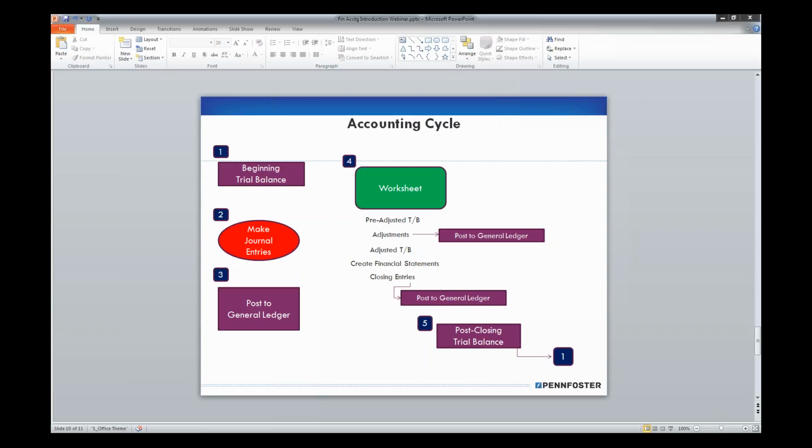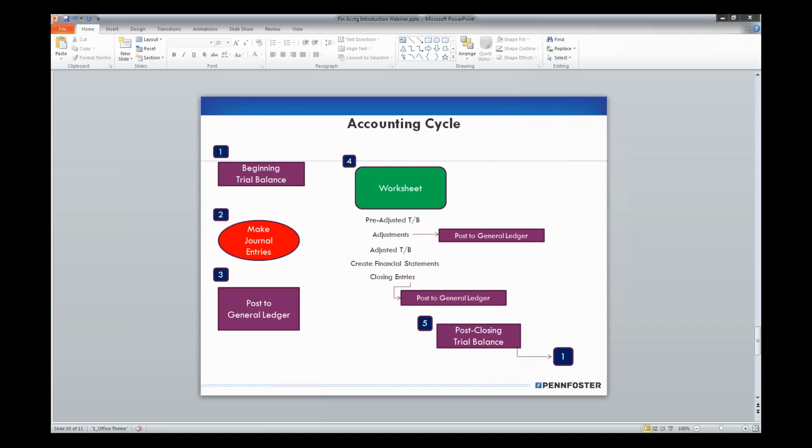And when your debits equal your credits, when you post them into your general ledger accounts, all you're doing is rearranging that information. Remember, every journal entry has at least 2 line items, one a debit and one a credit. You can have more, but to keep things simple, you have 2.